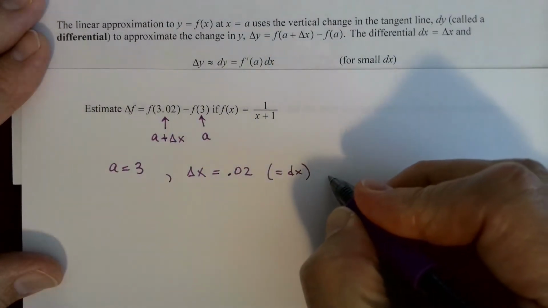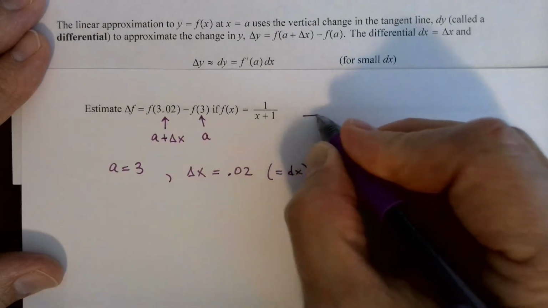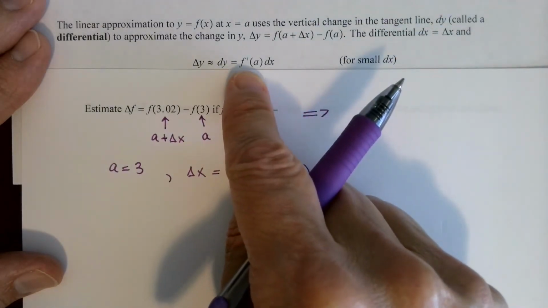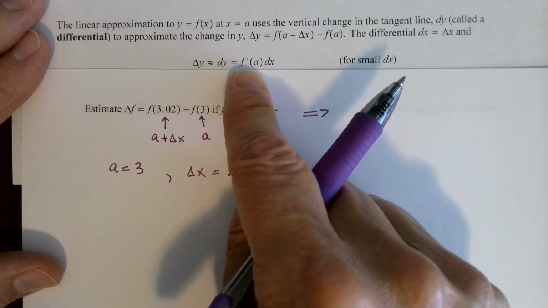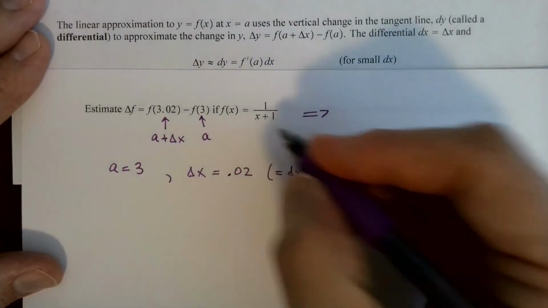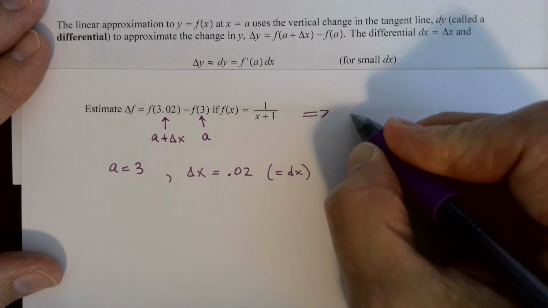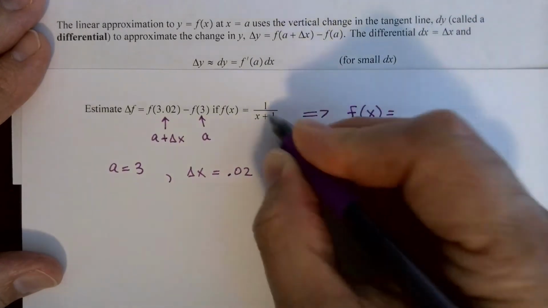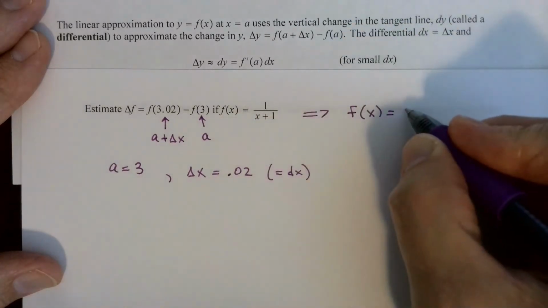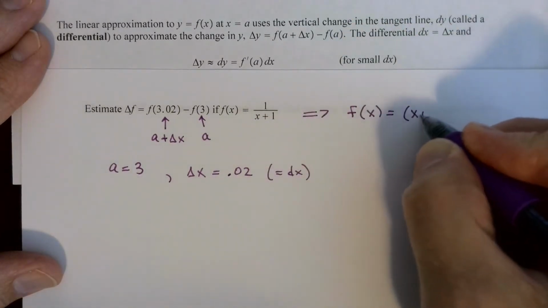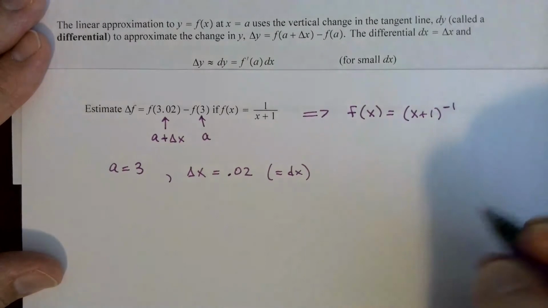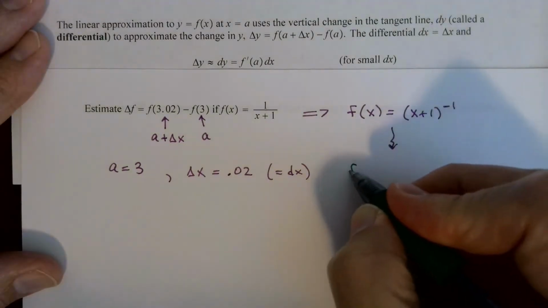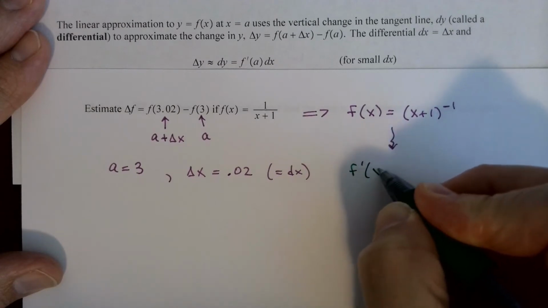And then, of course, here I have f of x, and what am I going to need to find my differential? Notice again, this is an application of the derivative, so we need to take the derivative of this function. In order to do that, I'm going to rewrite this. You could use the quotient rule, but since it's a constant up top, I'm just going to rewrite it. 1 divided by x plus 1 is just x plus 1 to the negative 1 power. So I can find my derivative using the chain rule.